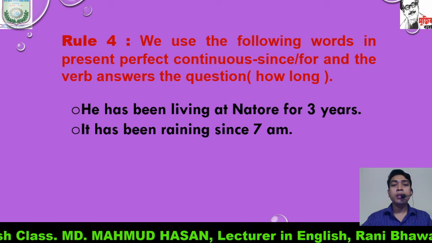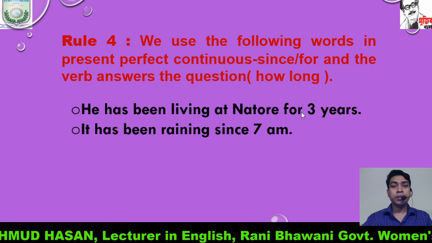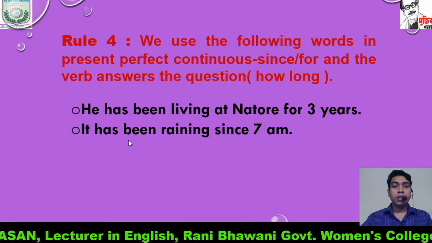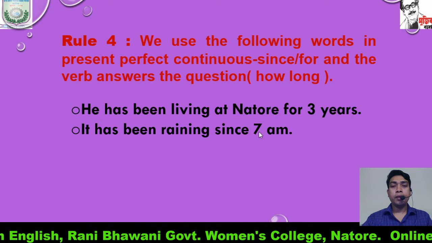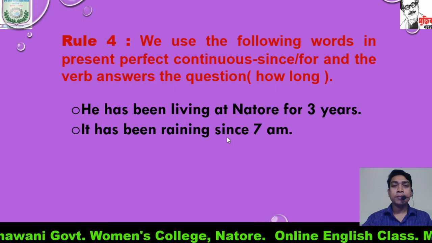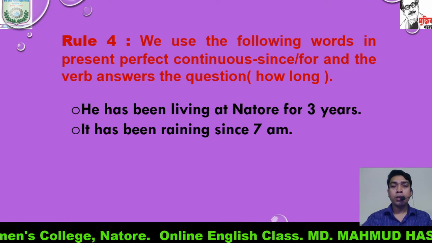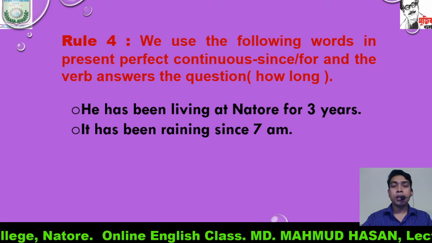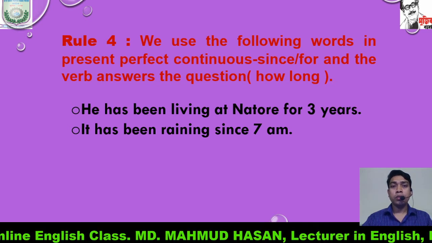He has been living at Natur for 3 years. It has been raining since 7 a.m. So we have for and since. At the same time, the verb indicates how long it has been going on.